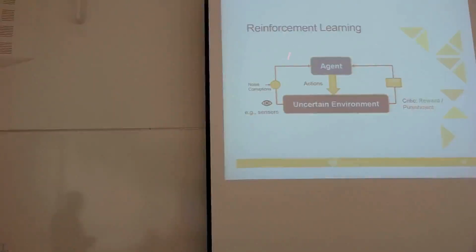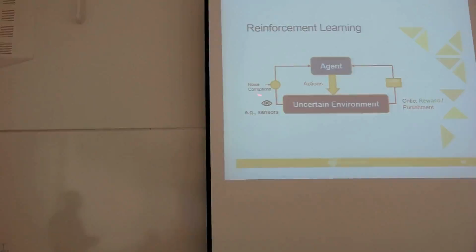So the idea of reinforcement learning is that we have the agent here, and then we have some environment about which we have high uncertainty, and then we have sensors. The sensors look at the output of the environment, like for example the movement of a robot.